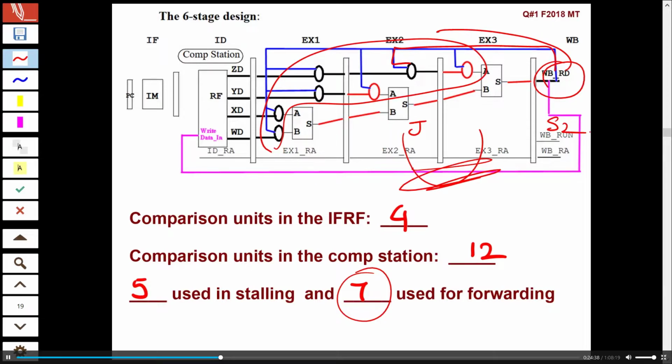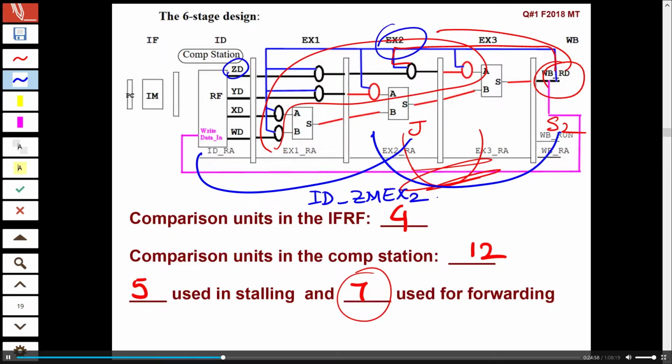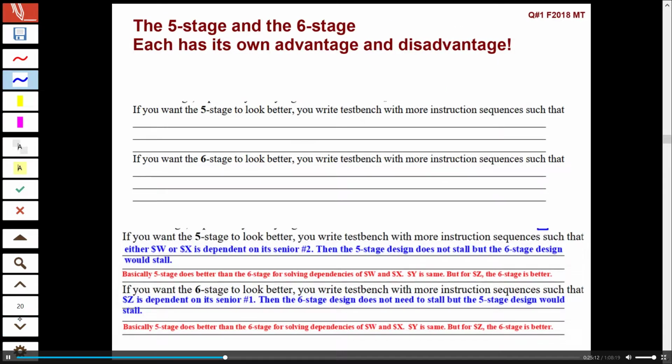But this situation translated to when I was here, my senior 2 was here. So what would you call that? And this is Z. ID Z matches with this guy EX2. And that should have been brought into here and into here to govern this. So that would be EX2, Z matches with the EX2. So please do practice how to write these names.